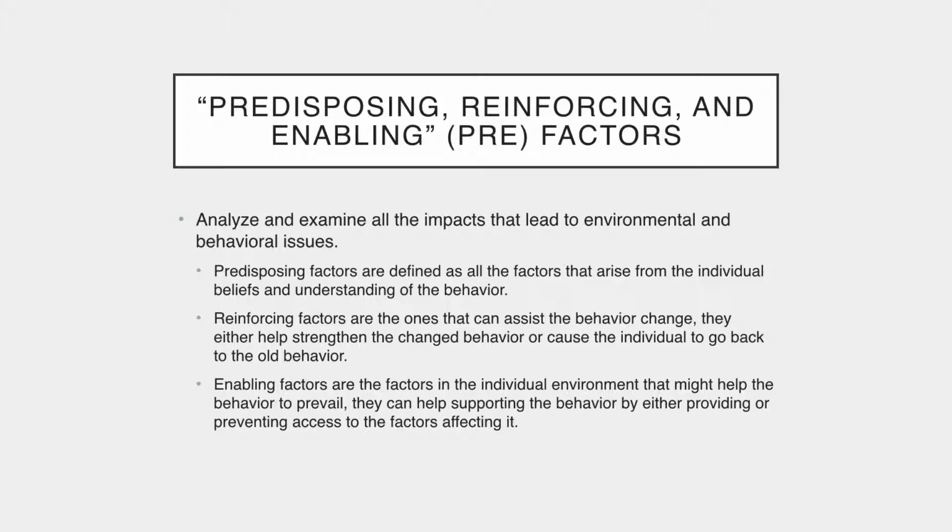They either help strengthen the changed behavior or cause the individual to go back to the old behavior. Enabling factors are the factors in the individual's environment that might help the behavior to prevail. They can help support the behavior by either providing or preventing access to the factors affecting it. All these factors will be interconnected with each other in order to reduce the unhealthy behavior to achieve the desired outcome.